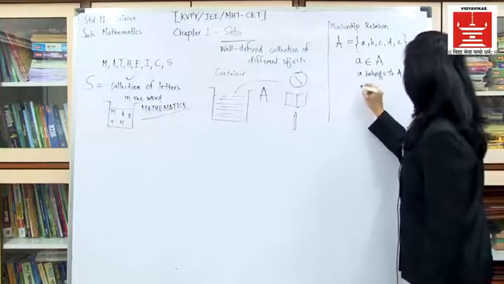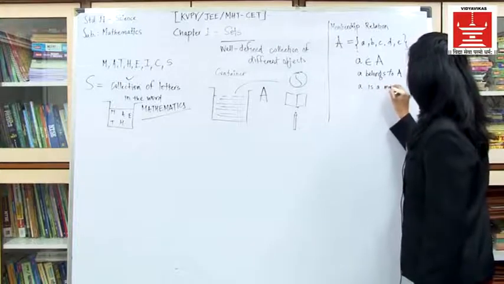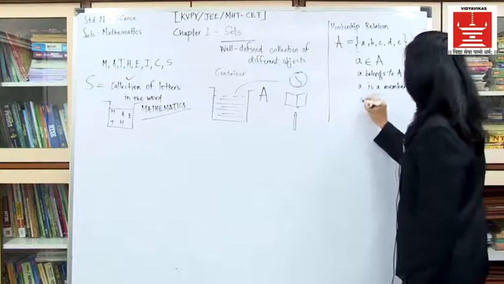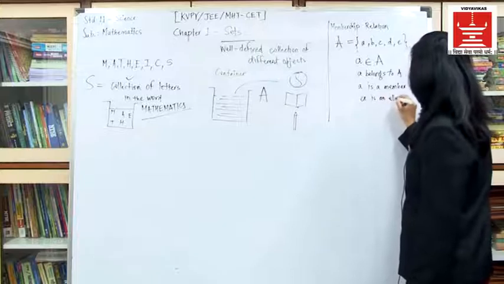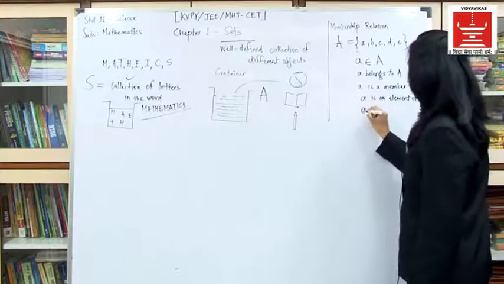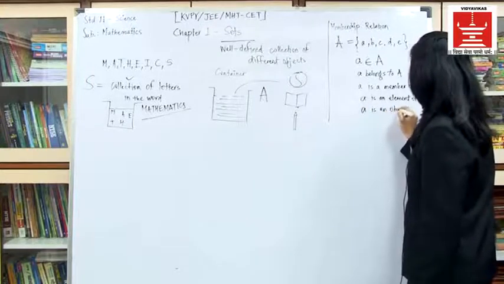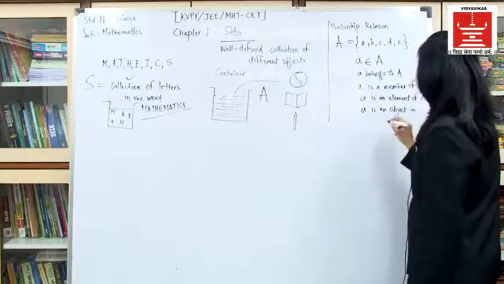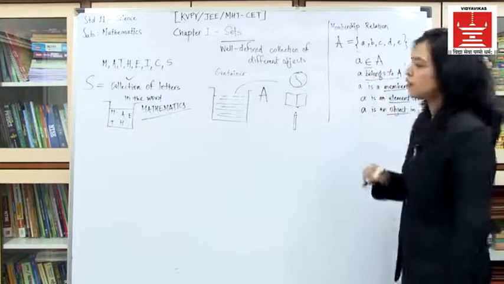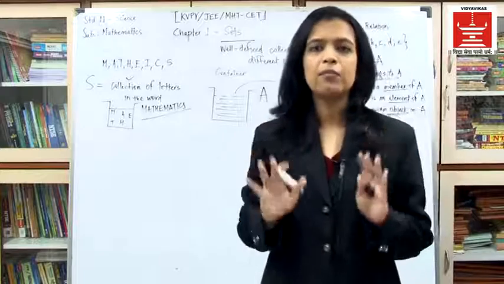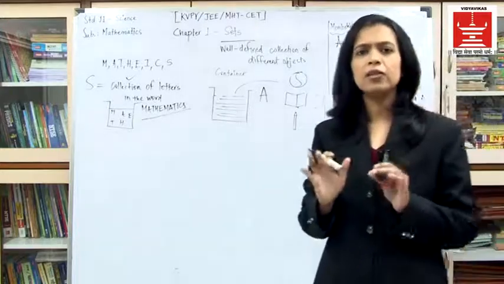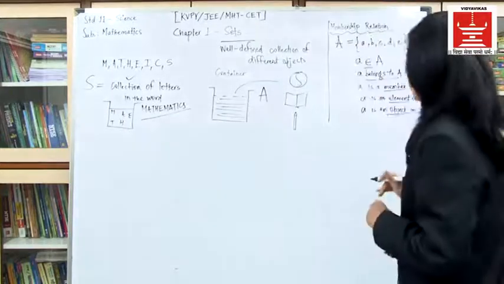Then you can also say that a is a member of A, the big A. You can also say that a is an element of A. You can also say that a is an object in the set A. So member, element, object, belongs to, and this symbol all say the same thing, whether or not a particular element lies inside the given well-defined collection.